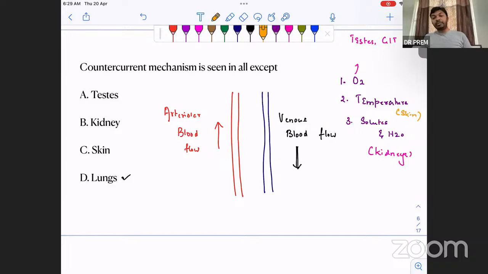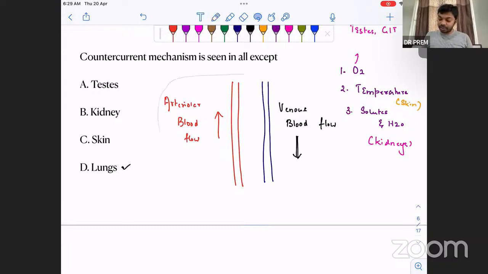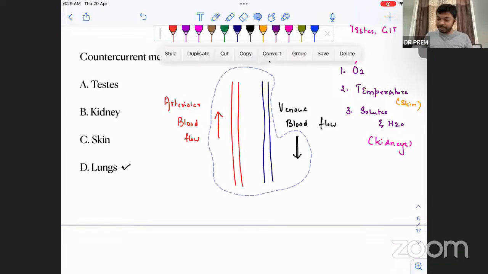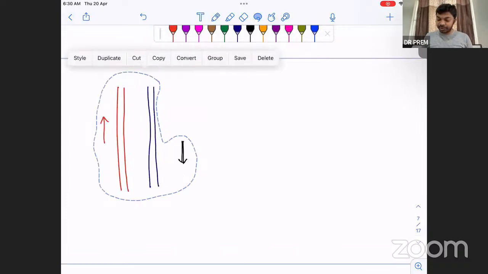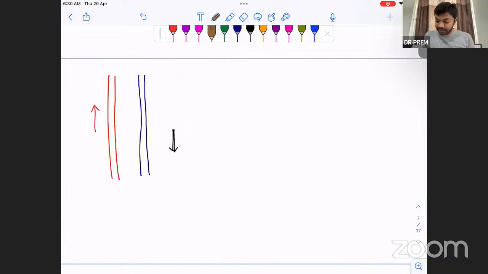So what exactly happens when it comes to oxygen transfer in testes and gastrointestinal tract, doctors? If you consider this parallel flow of blood in these blood vessels, let's understand what happens in testis as well as GIT.